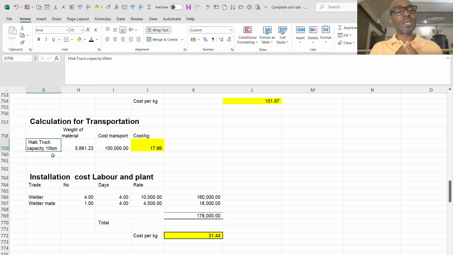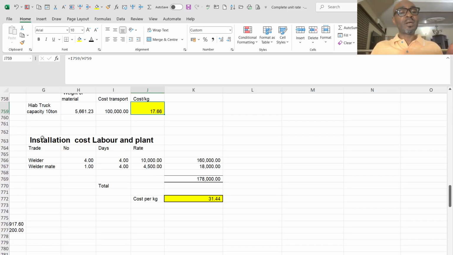In this case, I took a 10-ton high-up truck that has a mini crane attached to it that can load it from the off-site fabrication yard to the site and equally offload it. And the cost is 100,000 per day. So if you divide that by the total weight of the material, you are having 17 naira 66 kobo per kg.